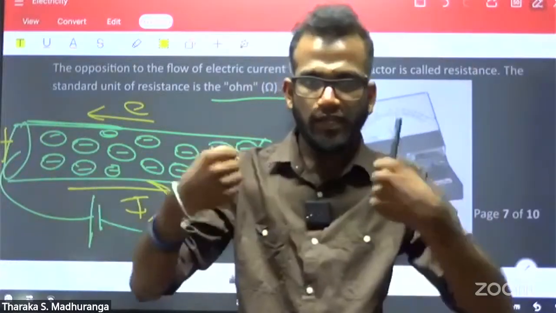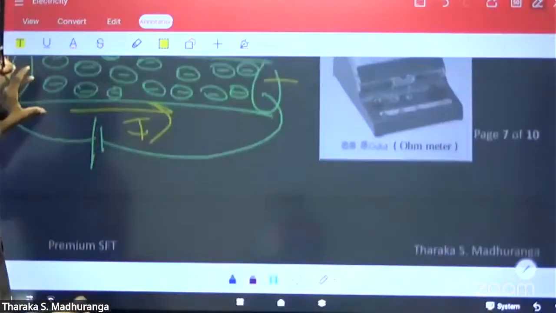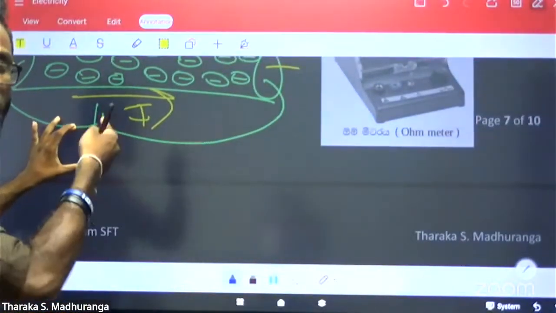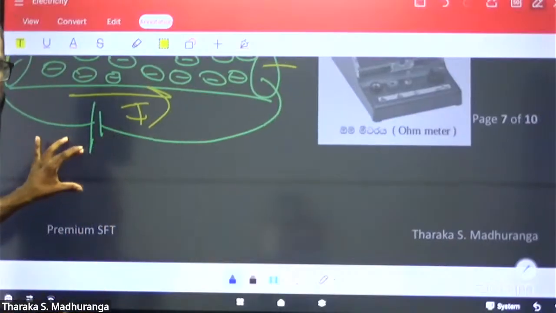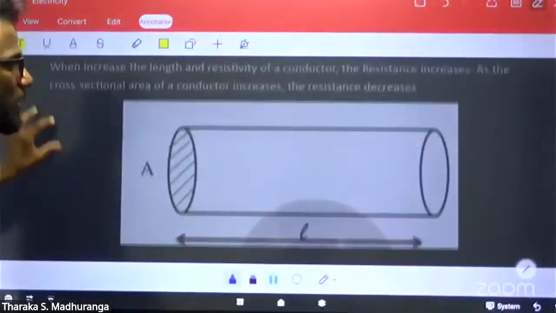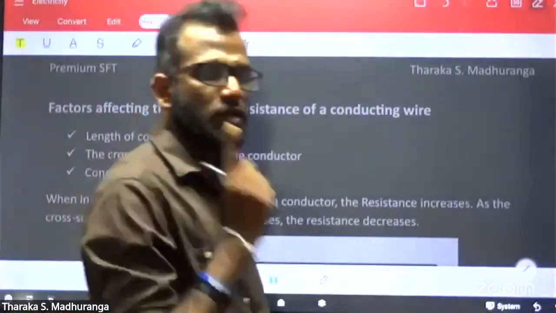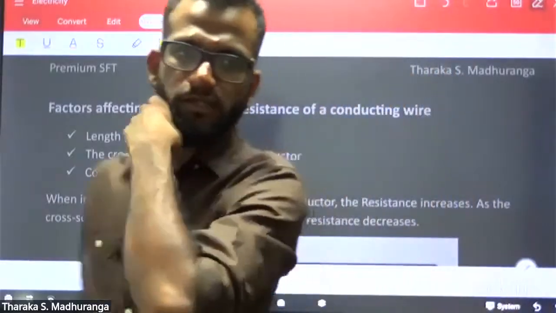With these collisions, their movement slows down. That's the reason. Electron movement is slowing.